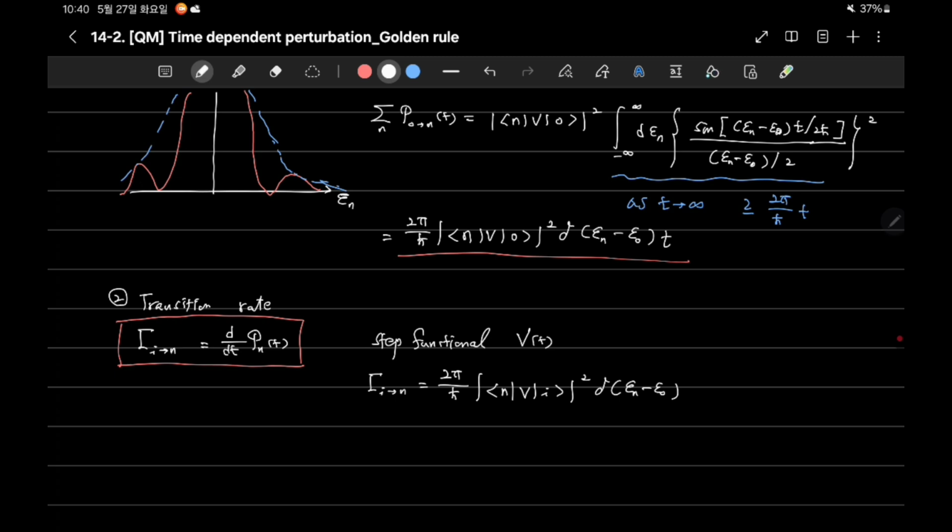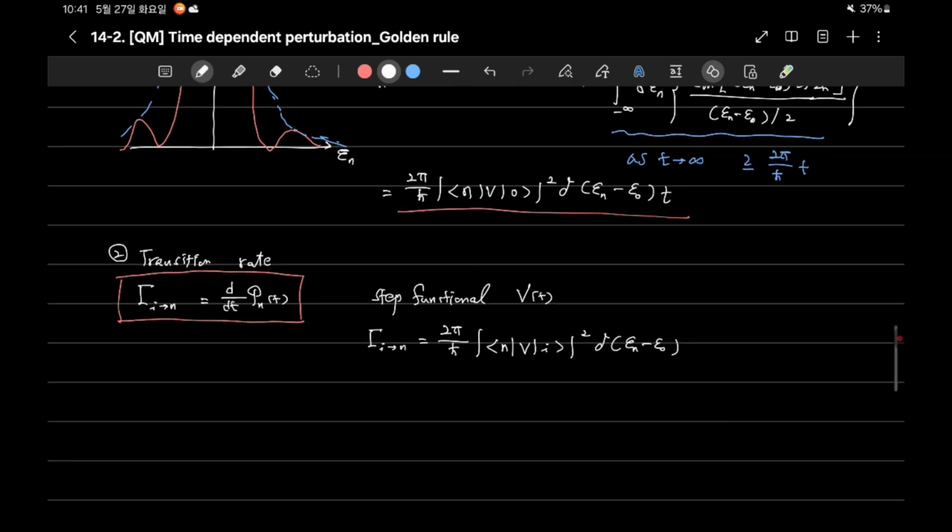So it means that if epsilon n and epsilon 0 are different, it is 0. Just only the ground state. The probability is the largest at the initial state.